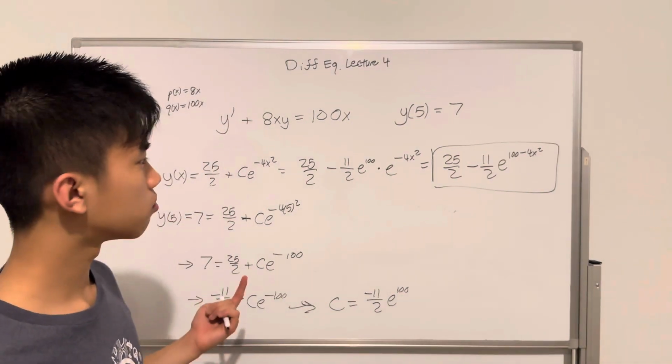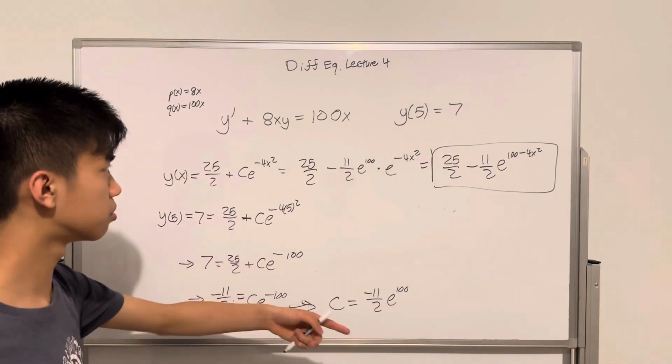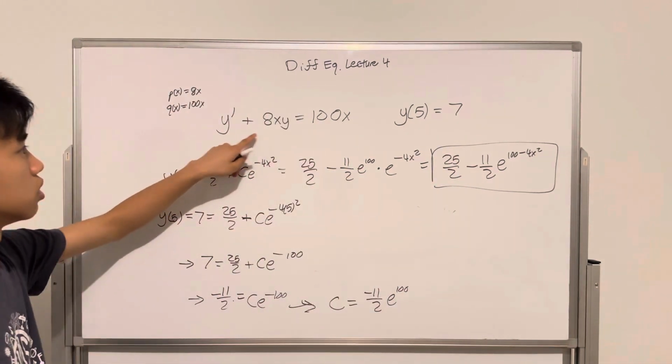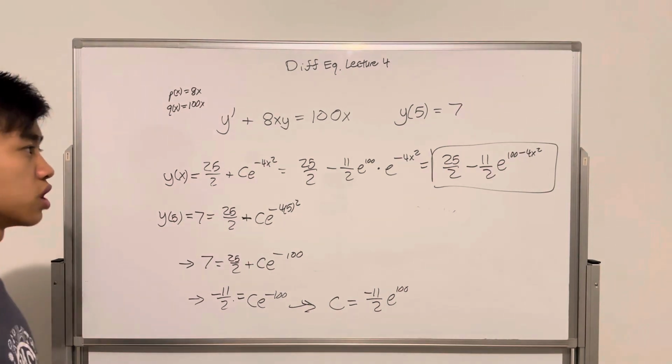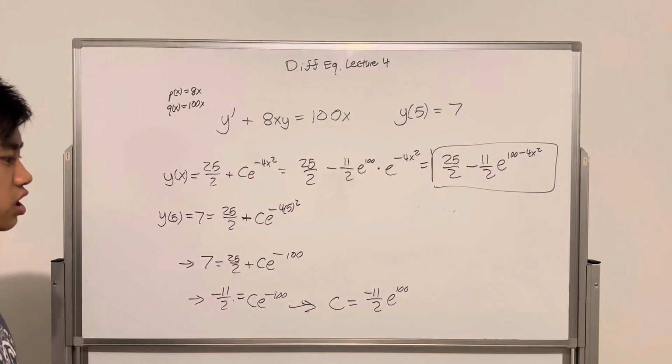And you can confirm that this is a solution by plugging this into the differential equation. I'm not going to do that myself because I'm lazy, but you could do that yourself to verify that this is indeed a solution to the differential equation.